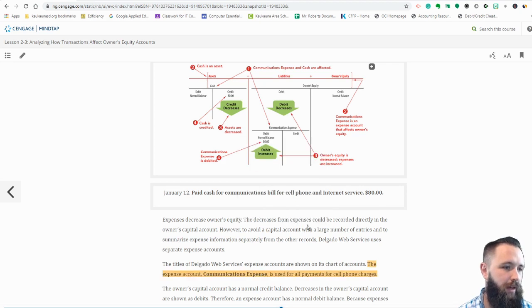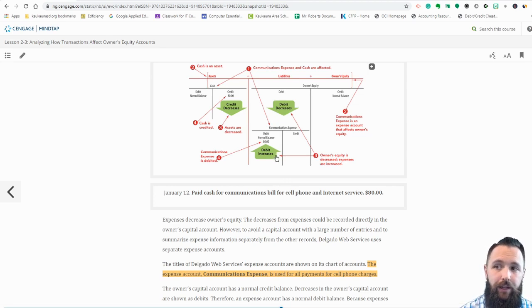Okay, we can highlight that. And when we look at this, we can probably say, okay, we know that cash will be affected, and now we're going to record it underneath an expense. We know in the past that owner's equity is going to be affected, and it will be, but we affect it through the expense account.